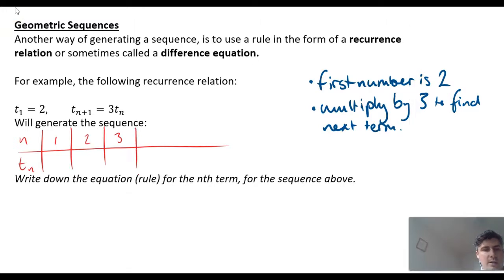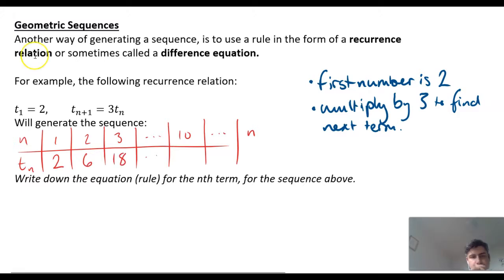And then I'm going to skip to 10. Okay, so the first term is 2, times by 3 makes 6, times by 3 makes 18. So to get the 10th term, I'm going to get the starting number, put it into this equation here. So this is for geometric sequences.